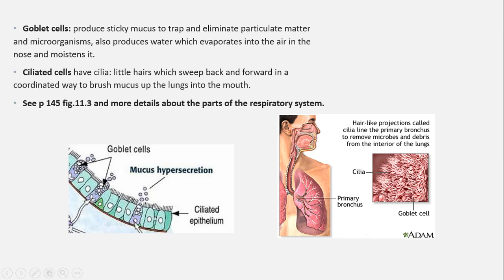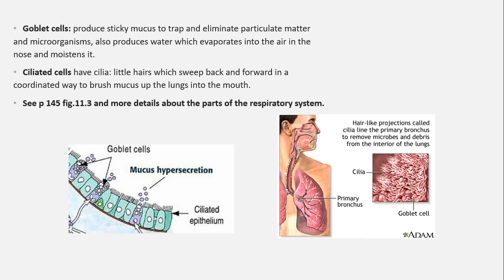Okay, here are the goblet cells. The goblet cells, we said, are goblet shaped, and they produce mucus. We took them in the digestive system. We have goblet cells in the digestive system to produce mucus to prevent the cells from being eaten away by enzymes, or the stomach lining by acid.